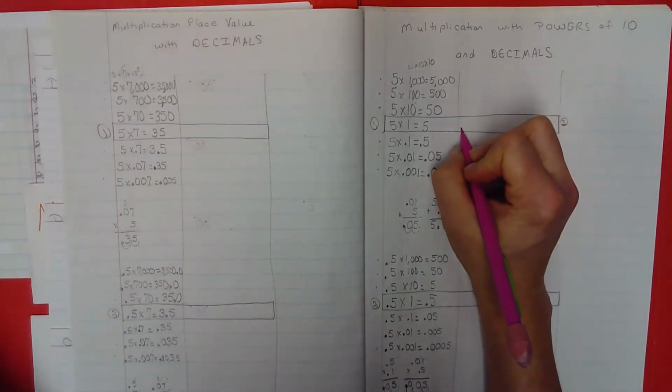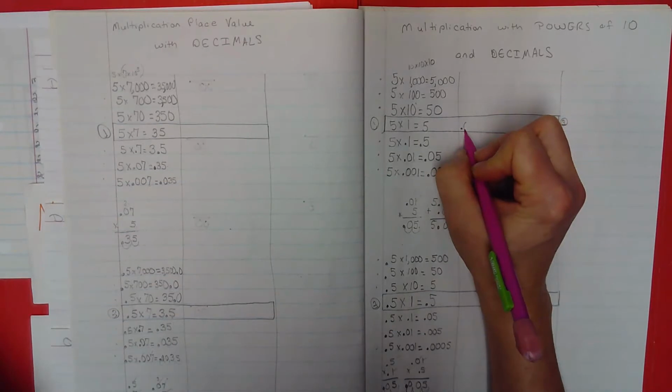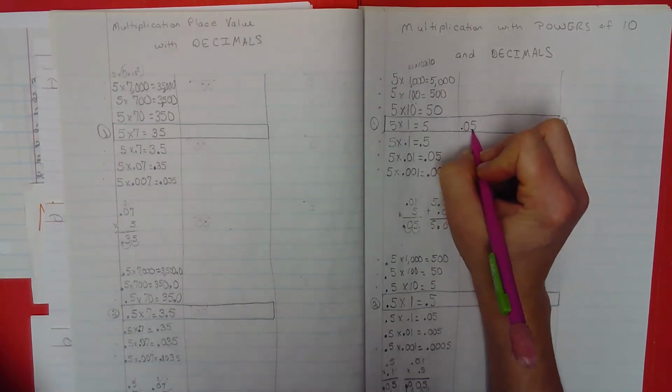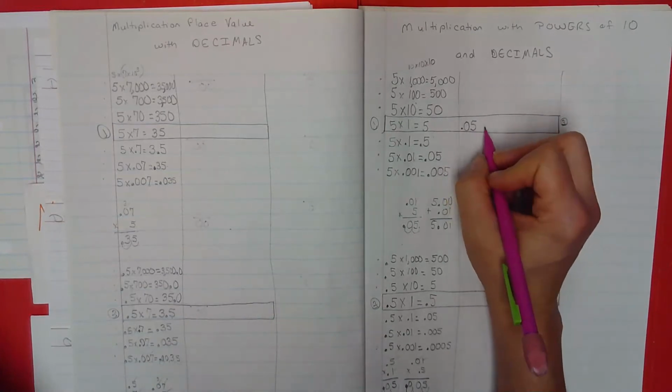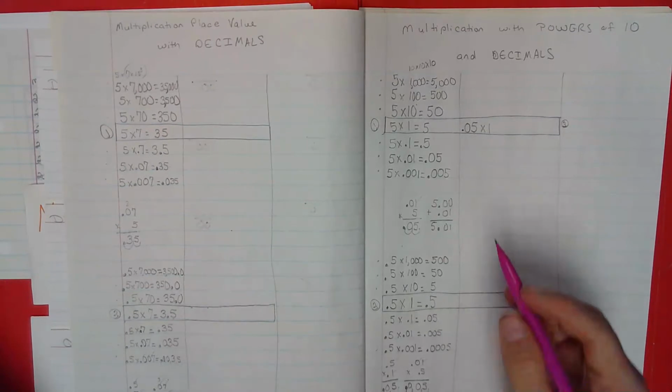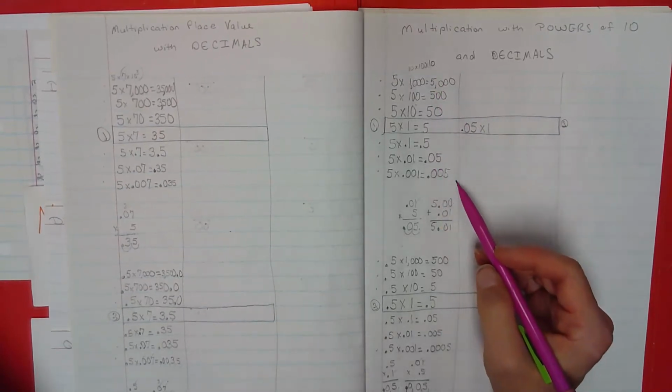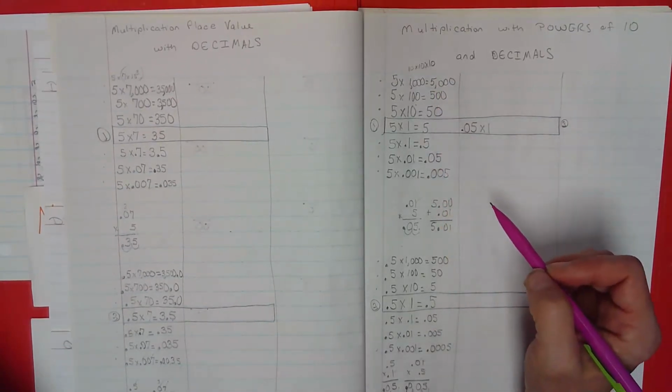We are going to multiply 5/100. So in this page, it'll be 5/100 times powers of 10, which means we should have 5s and 0s in every answer.